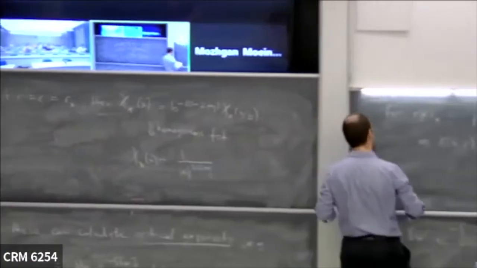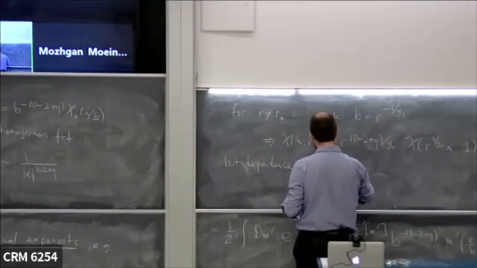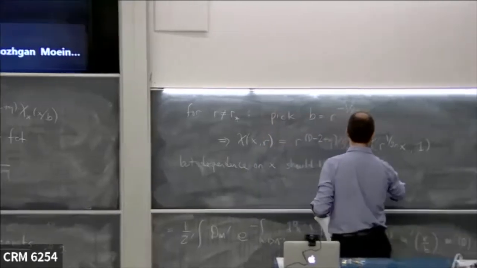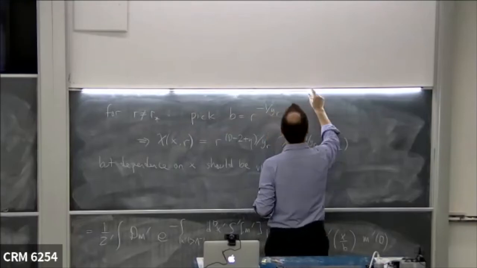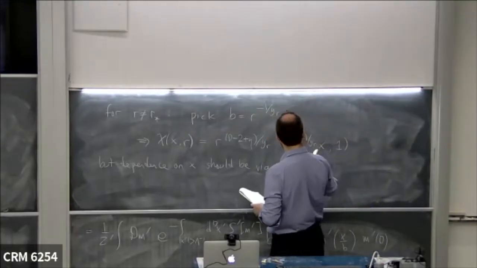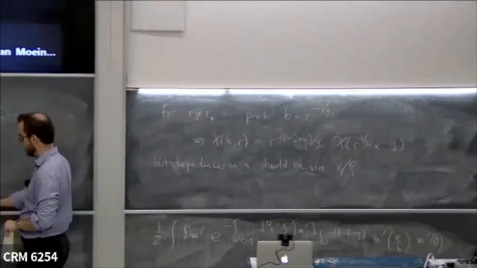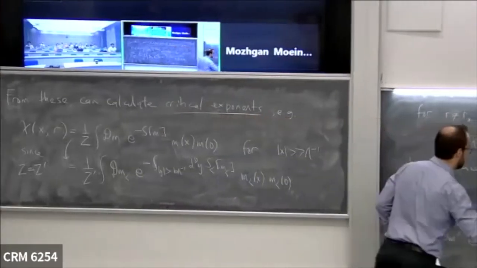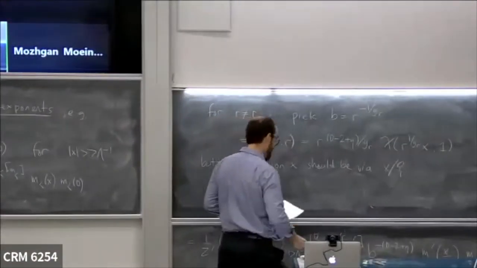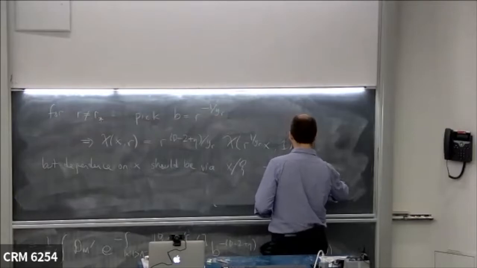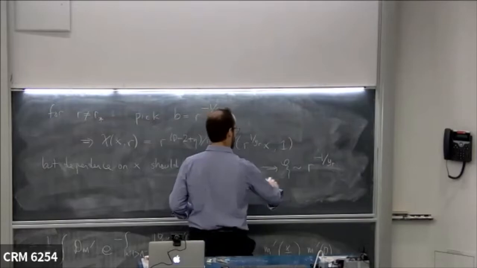Therefore the dependence on x of the correlation function should be via this dimensionless ratio of x over xi. So this thing here needs to be essentially 1 over xi, and therefore xi must go like r to the minus 1 over y sub r.